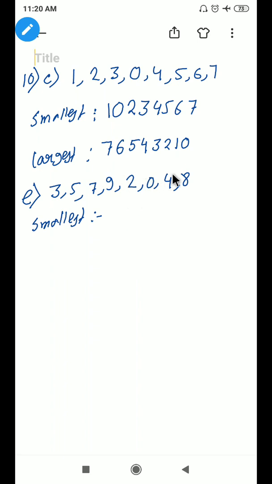So you have to search for the next smaller number other than 0, which is 2. Now you can put 0. Clear? Now next smaller is 3, then 4, then 5, then 7, after that 8, then the last one is 9. So this is our smallest number.